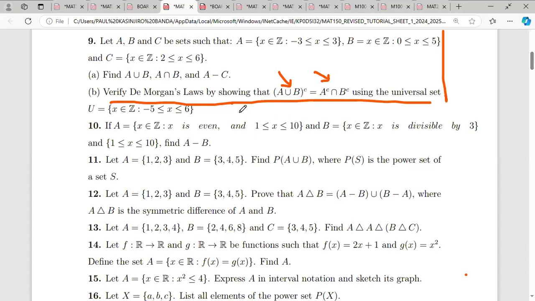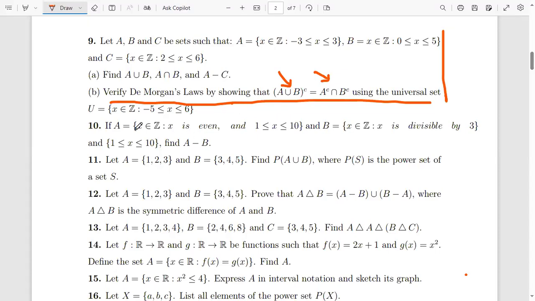So question 10, they're saying if A is a set of all the x's such that x is an integer and x is even, that's the first condition, and x is between 1 and 10. So this means that the elements in this set are all the integers between 1 and 10 that are what? Even numbers.